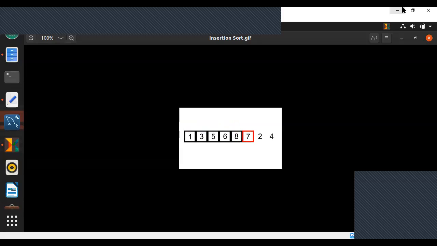It's already largest, so it goes there. When you take 7, you insert it again in the already sorted array in the last second position. Then you take 2, you figure out where to insert it in the already sorted array. That is right after 1. So you go ahead and insert it over there. Now, at last, you're taking 4 and you're going to sort it over there.